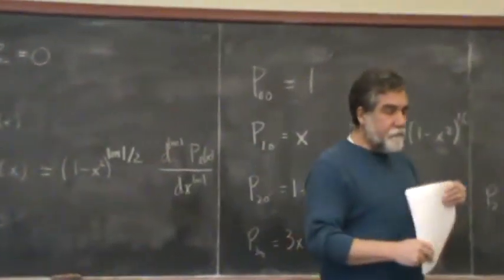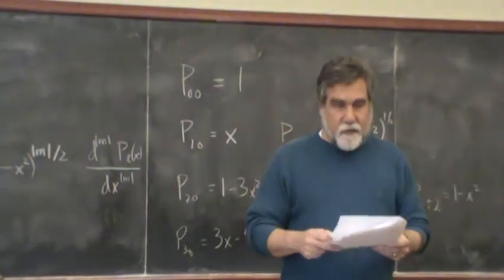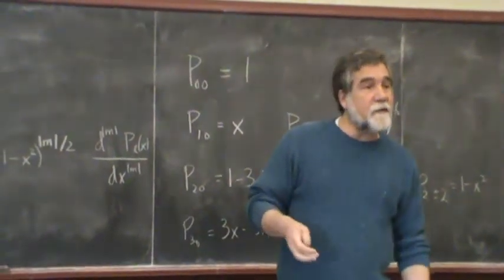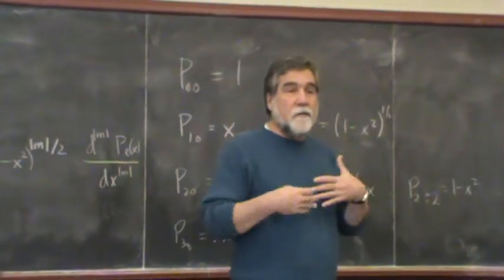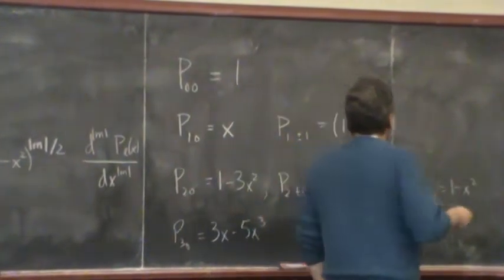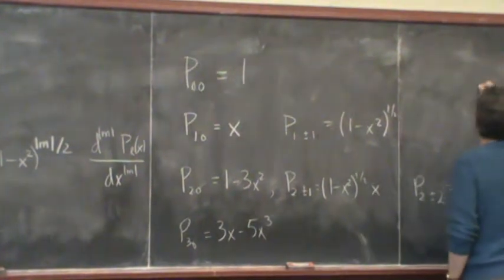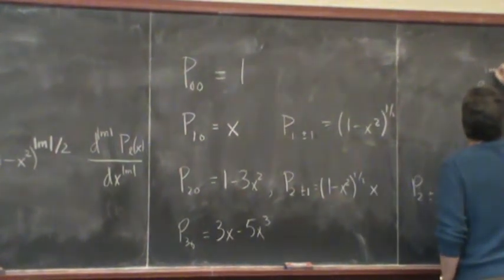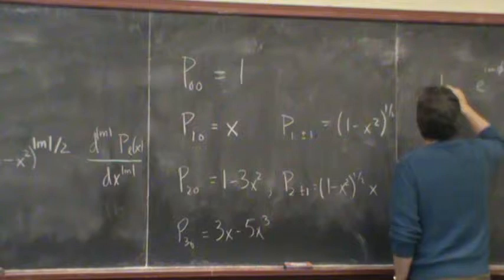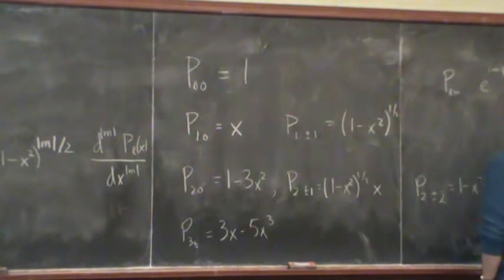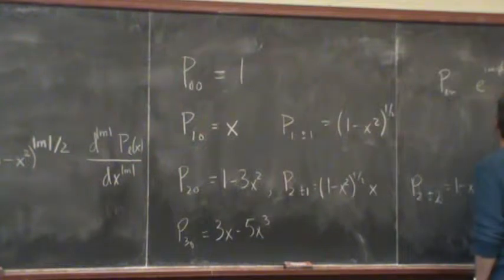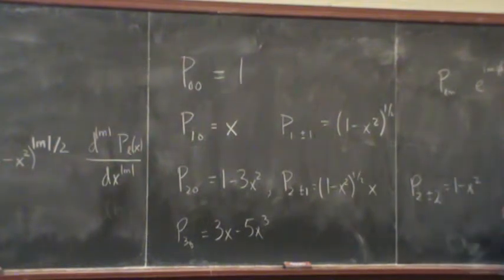Okay. And don't forget then that we had solutions in phi, that the overall spherical solution looks like e to the i m phi times P_l^m times r to the l, for example, taking one of the solutions, and there's going to be some normalization for that.